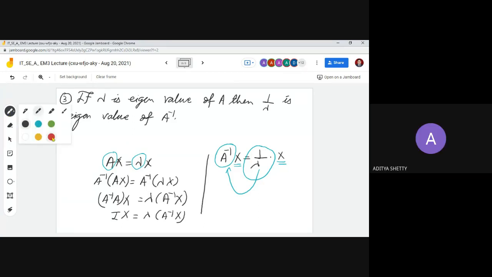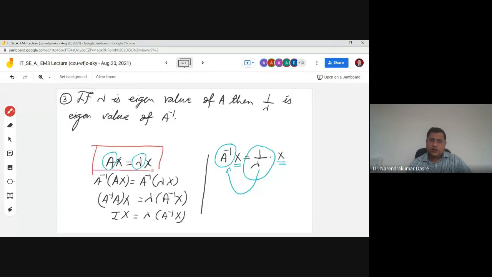Are you getting this? Yes, sir. That's why I have kept this. Compare this statement and this statement, so you can understand that if lambda is an eigenvalue of A, then 1 upon lambda becomes the eigenvalue of A inverse. So easily we are able to get the eigenvalue of A inverse.